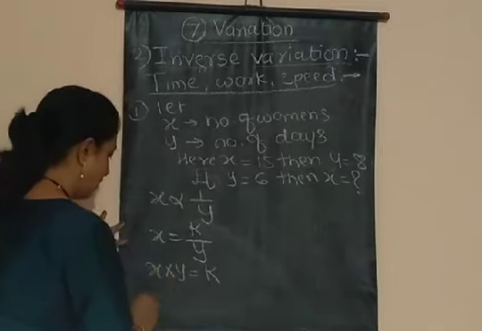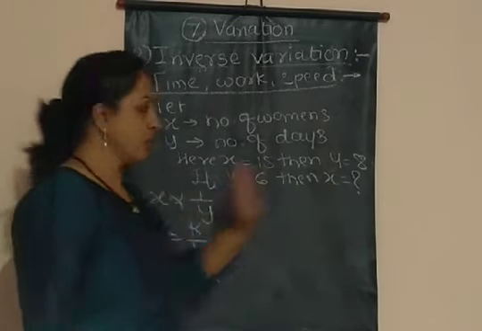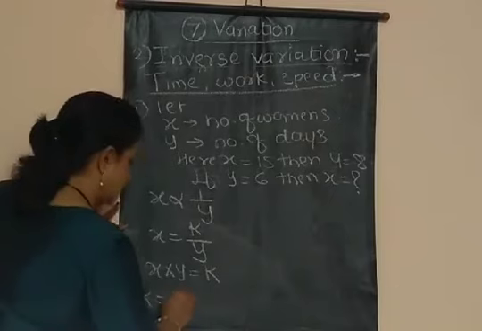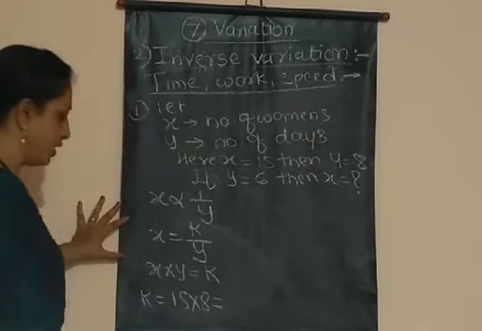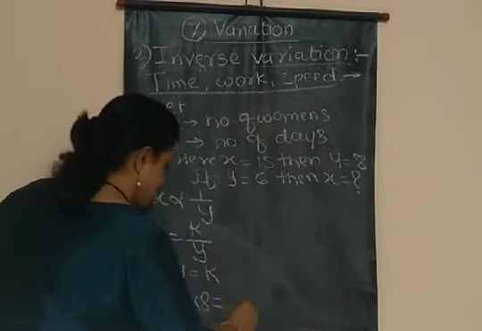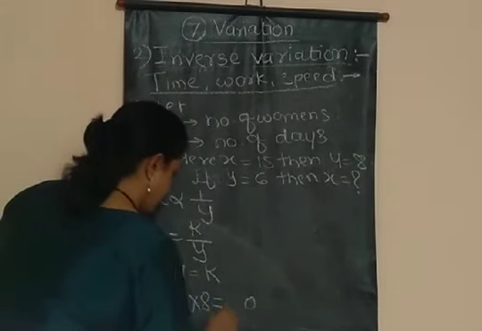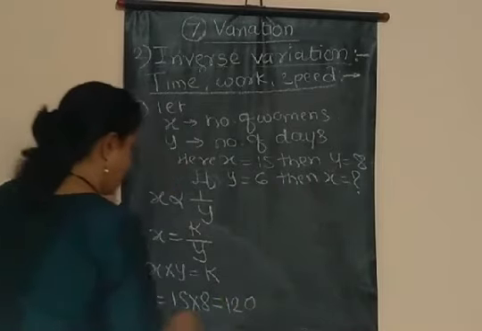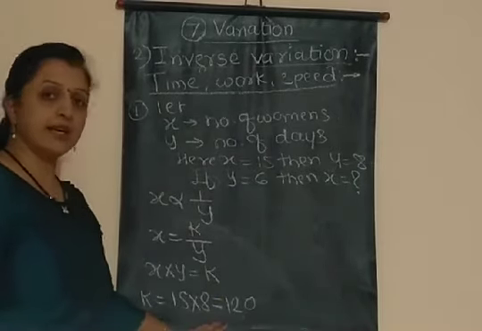Now put the values of x and y from the first case: 15 multiplied by 8. 15 into 8 is 120. So you get the value of k, that is 120.